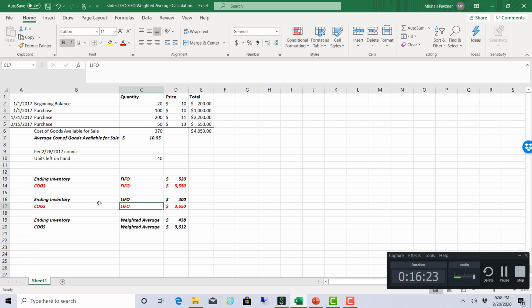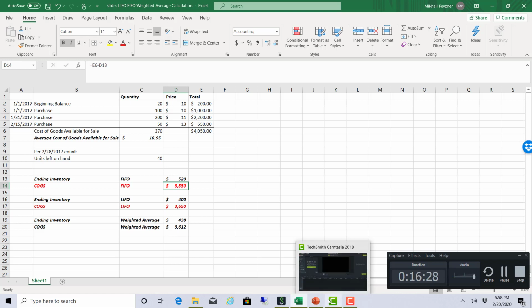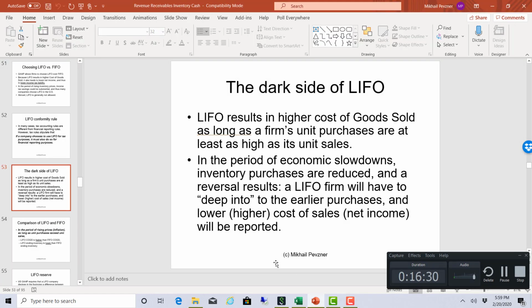The cost of goods sold under LIFO will be lower than under FIFO, and your profits will be higher. Now, why is this? This is called dipping into the LIFO layers, or LIFO liquidation. And the reason why this is kind of the dark side is because even though you are essentially buying less than you're selling, which you usually would do if your company is not doing so well, if you think that your future prospects are not so great, your profits mechanically will be higher. So LIFO will result in this kind of distortionary effect.